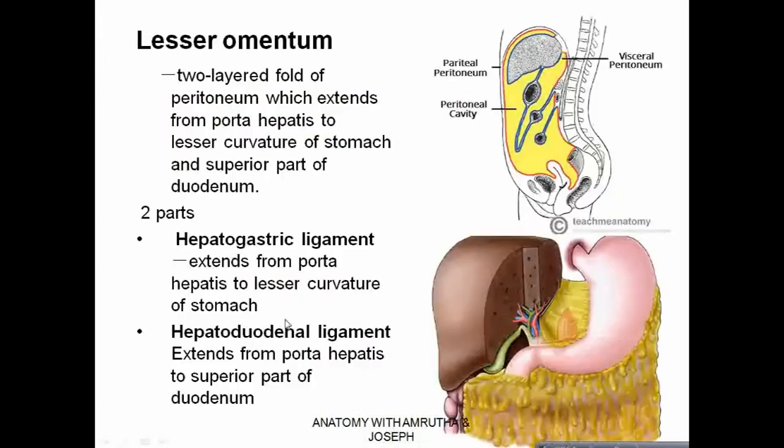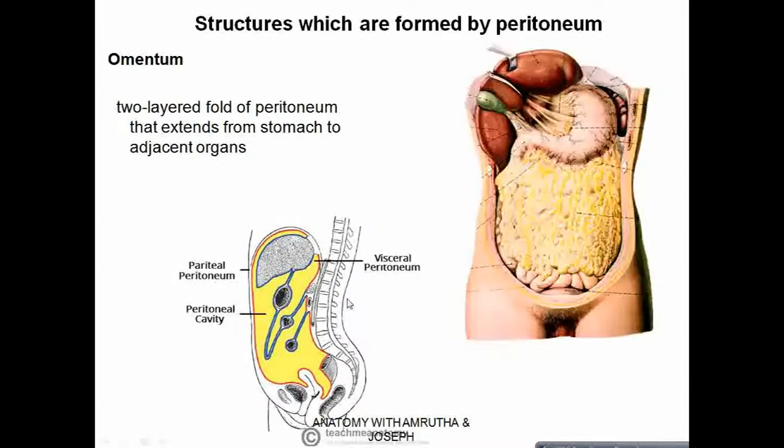I hope you got some idea regarding this. Don't worry, we will explain this in more detail. So the take home message from this slide is we have two omenta, the lesser omentum and the greater omentum, and it's represented here as lesser and greater omentum. Peritoneum is a complicated topic, but we'll make it simple.